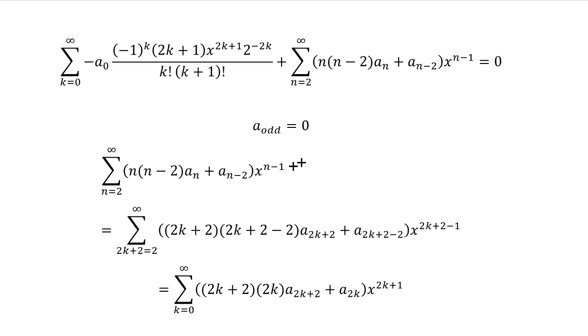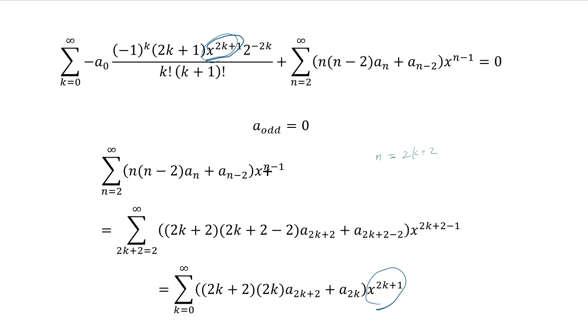You can replace n by 2k plus 2, because, sorry, for n minus 1 to be odd, you need n to be even, right? And certainly 2k plus 2 is even, and I chose 2k plus 2 rather than 2k because 2k plus 2, when plugged in, will give you exactly the same exponent 2k plus 1 as this one. And that will enable us to put these two into a single sigma. Okay, so that's what we do.